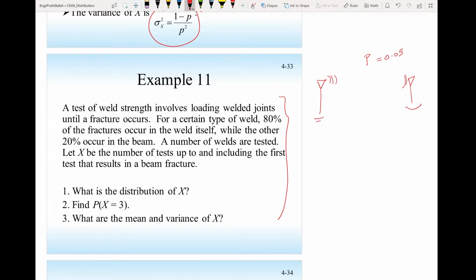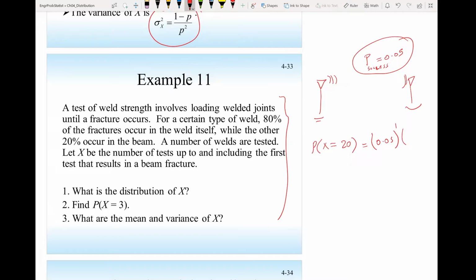Now I want to know the probability of x equals 20. That means I will be sending 19 transmissions with errors, and the 20th transmission, success, they receive it. What's that probability, given that the probability of success is 0.05? Well, I have one success, so that would be 0.05 to the power 1.